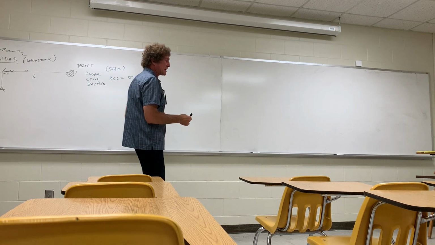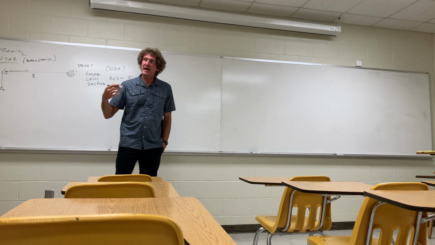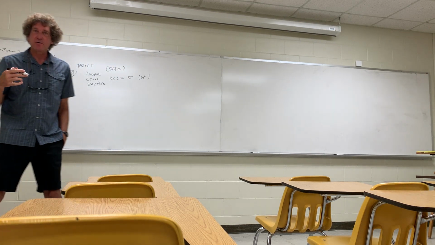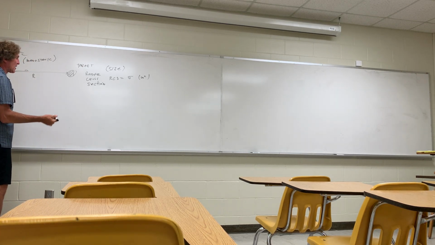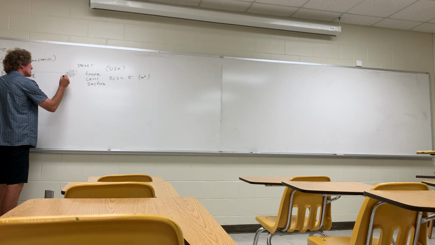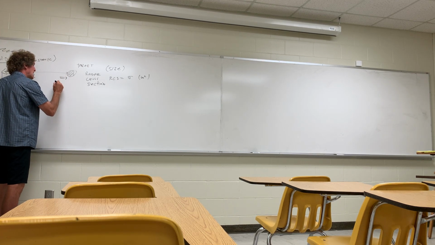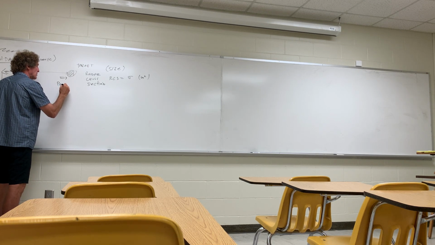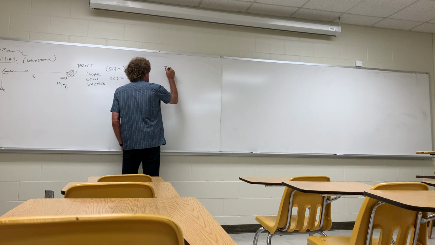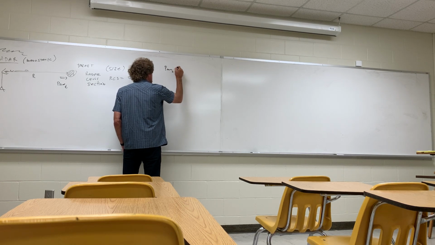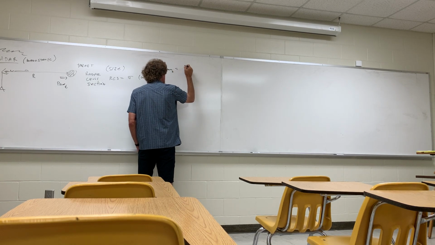The way I like to do this, because I asked this in the quiz, I asked for the power density just before it hit the target, and then the amount of power received back. But normally I start right here, and I want to find out what the average power density is on the target. I'll just call it P_AV sub T. So P_AV sub T is going to be the transmitted power.